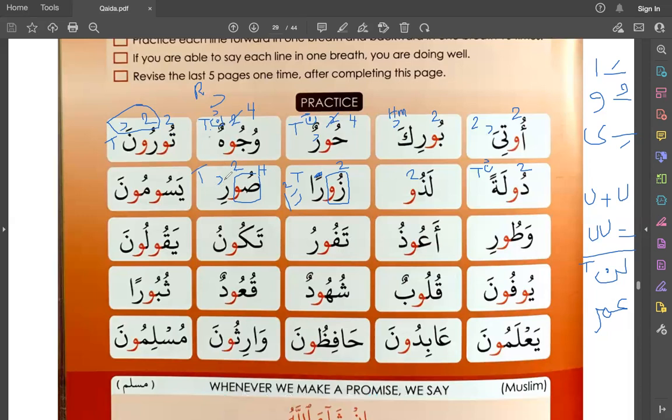Number two, this is a temporary sukoon, and before the temporary sukoon you found a two counts long vowel, and this temporary sukoon will affect the mad before it. You will find the two counts long vowel immediately before it. Then this temporary sukoon will affect this two counts long vowel and change it into four counts. This is called mad arid lis-sukoon.